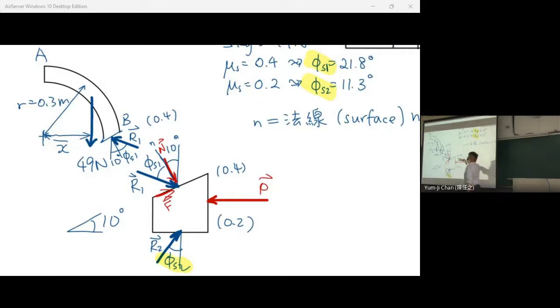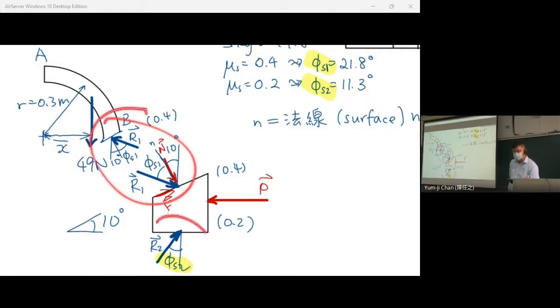So action and reaction. That completes the contact surface here and contact surface here.